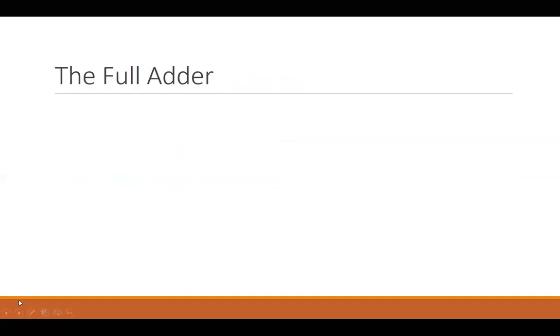But when several bits are going to be added, we might need to add the carry from the previous addition into the next addition. We might need to carry forward a carry from the previous addition to the next addition.